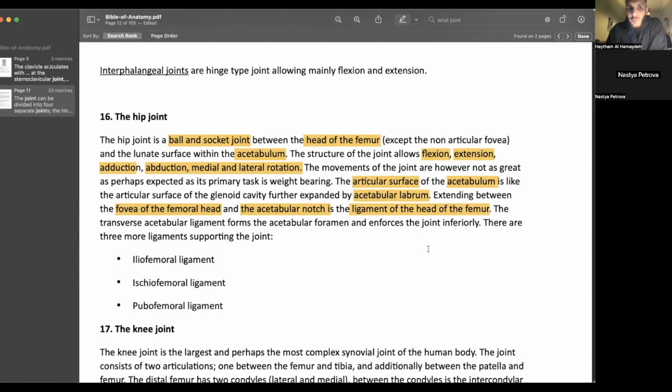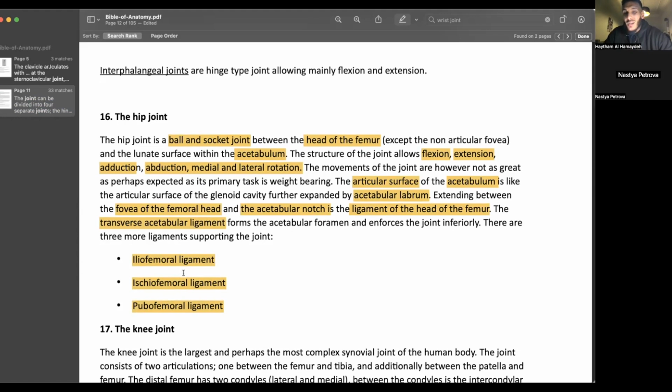There are 4 ligaments here. Number 1, transverse acetabular ligament, iliofemoral ligament, ischiofemoral ligament, pubofemoral ligament. First, transverse acetabular ligament. And then there's a ligament called the ligament of the head of femur.